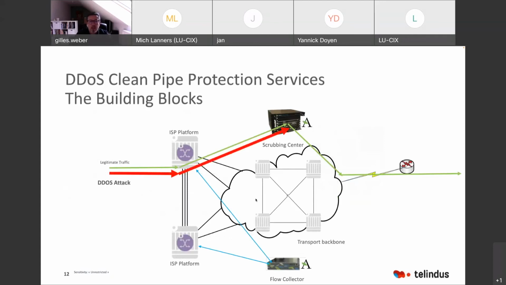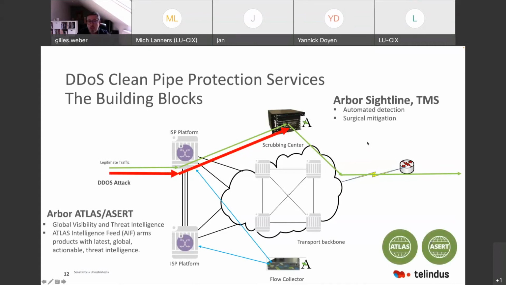If we have a look at the building blocks of the solution, we have, as already mentioned before in other solutions, the flow collector part, which is doing sampling of the traffic and which is going to see what's going on and can, in case of an identified attack, send the traffic to the scrubbing center, where we can do the automatic detection and mitigation.